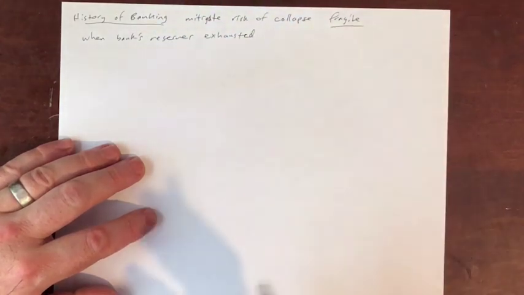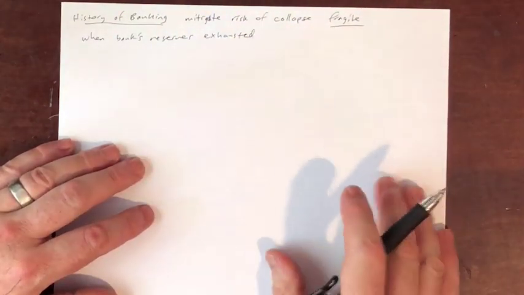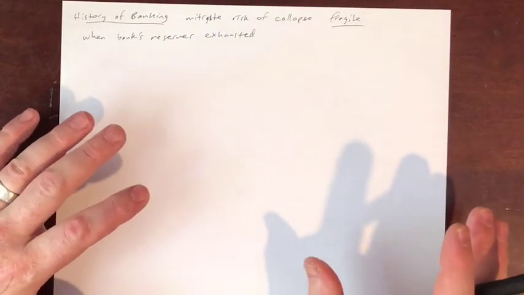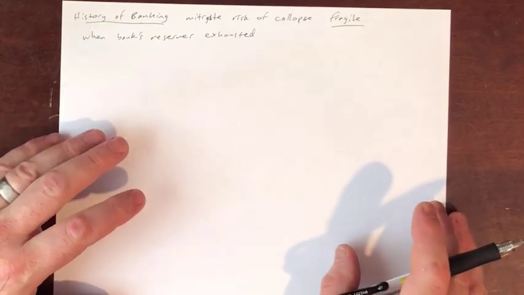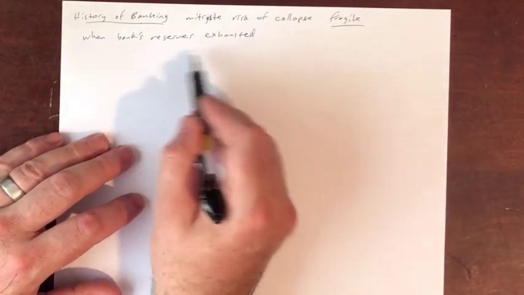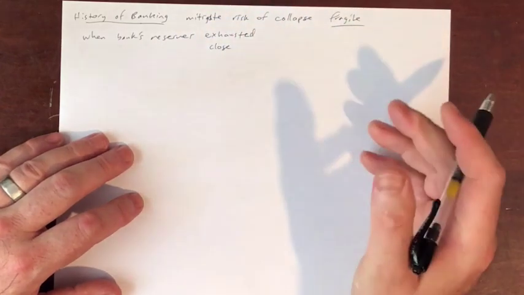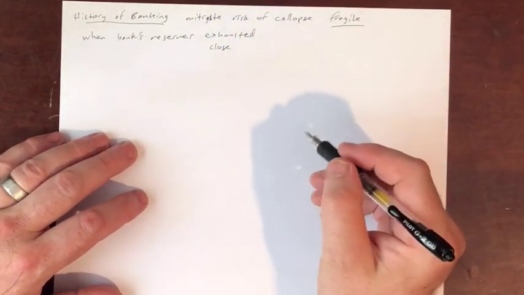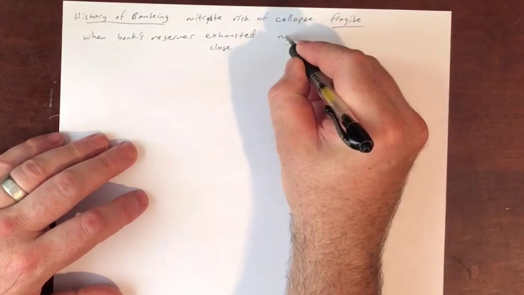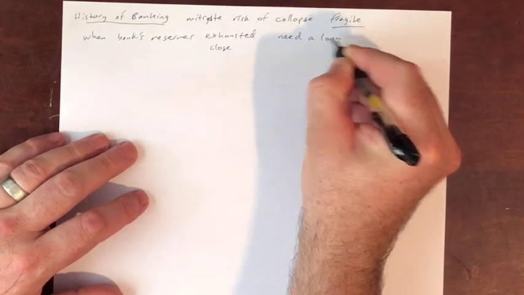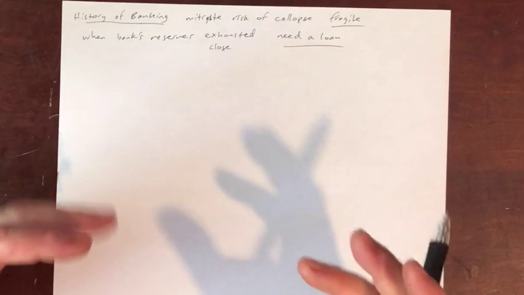Because banks can sometimes see it coming. Oh, there's more people withdrawing. Oh my God, at this rate our reserves are going to be exhausted. So when bank reserves get exhausted or are even close to being exhausted, they know they have a problem. They need a loan, because they see it as a temporary problem.